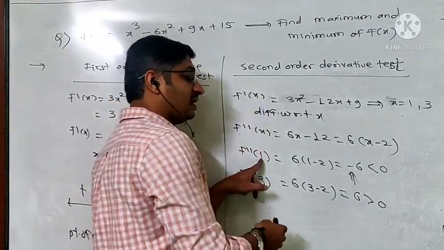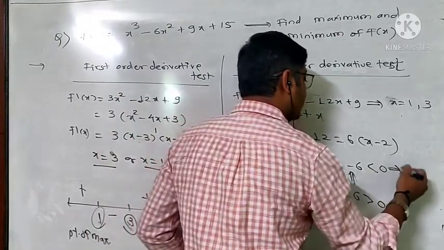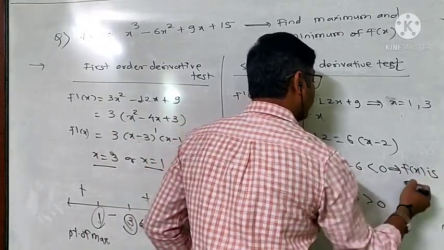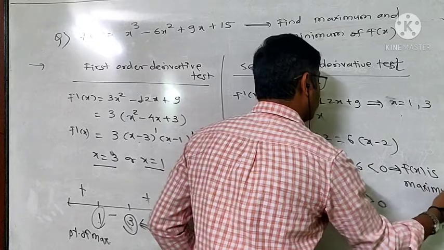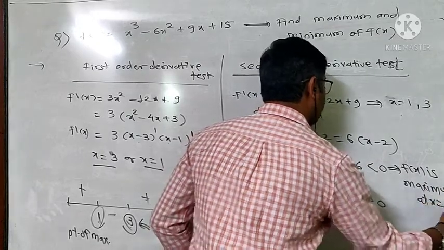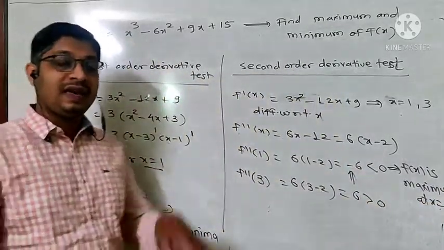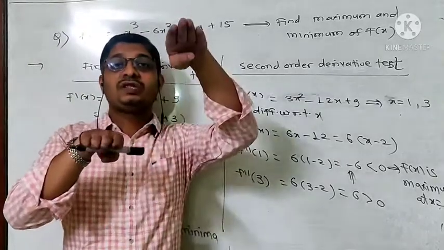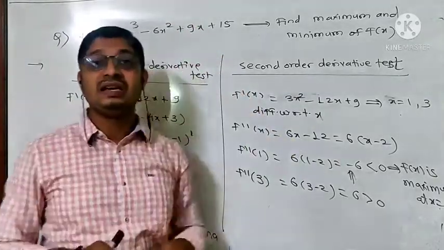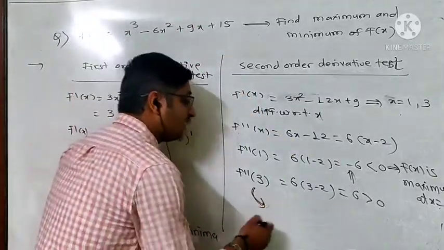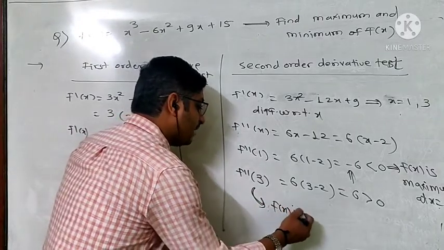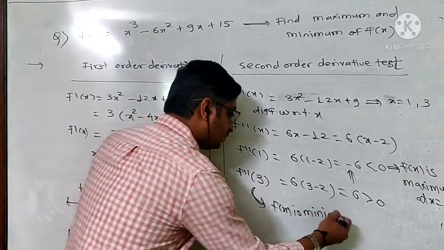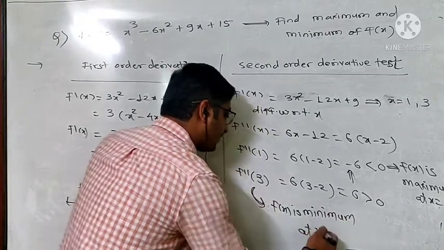So we can conclude that f of x is maximum at x equal to 1. And if f double dash of x is positive, then we can conclude that f of x is minimum at x equal to 3.